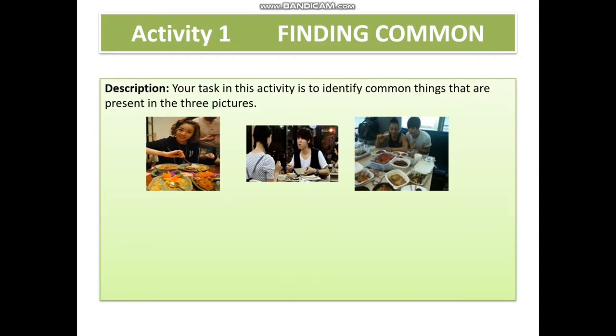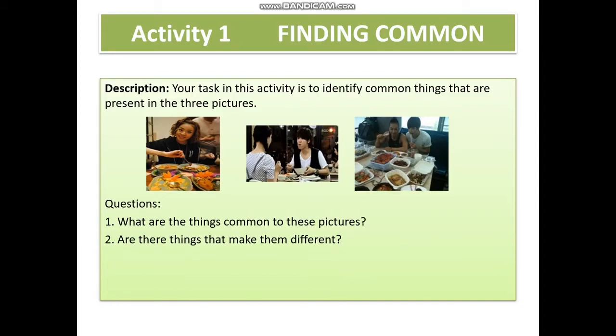You can pause the video. Okay, we're done. For question 1, what are the things common to these pictures? Okay, great. So they are all eating foods and they are Koreans.